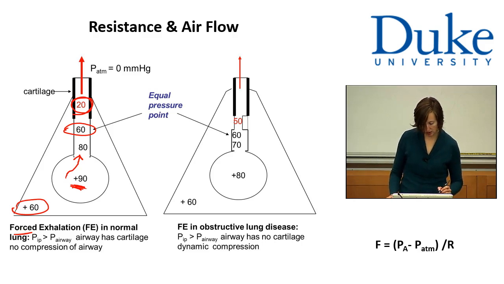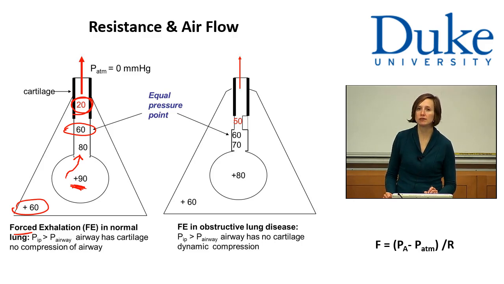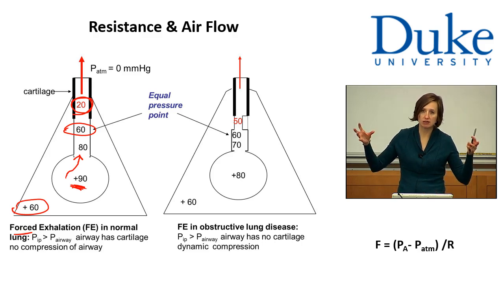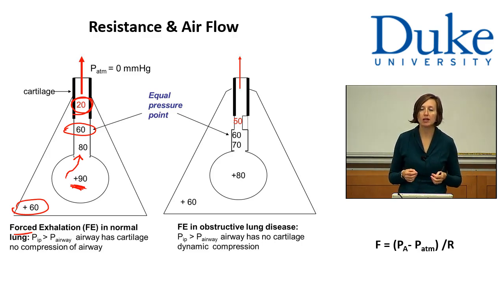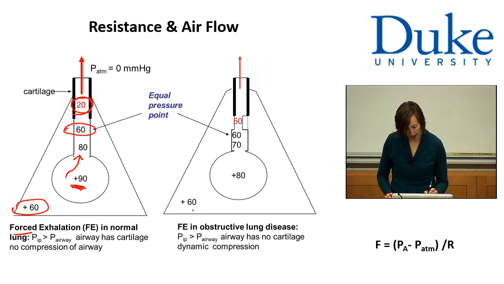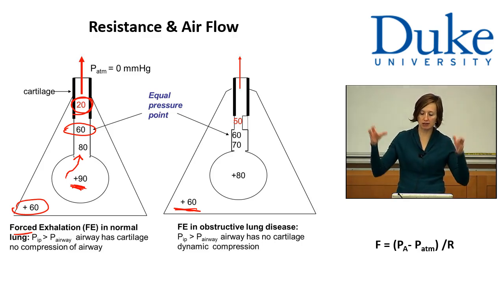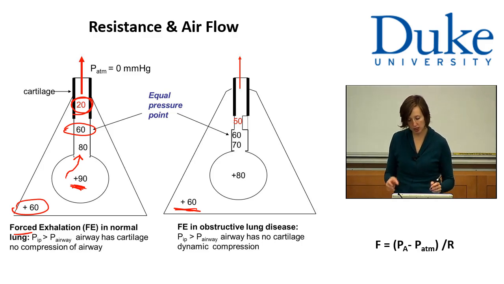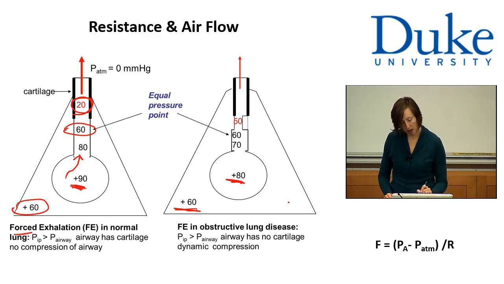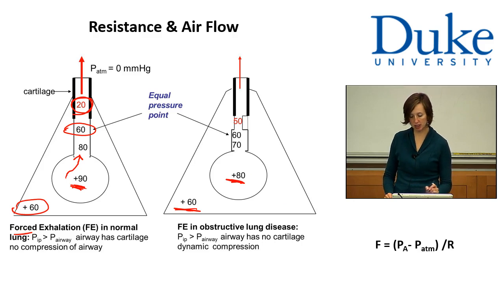This is in contrast to an obstructive lung disease like emphysema, where we've lost some of our recoil, so that even though we have a high intrapleural pressure, because the lung is recoiling less and it's getting smaller less efficiently, we've produced a smaller alveolar pressure. It's closer to the intrapleural pressure.